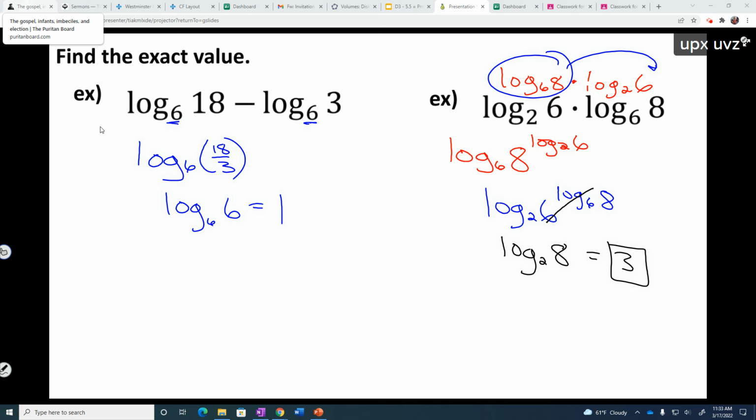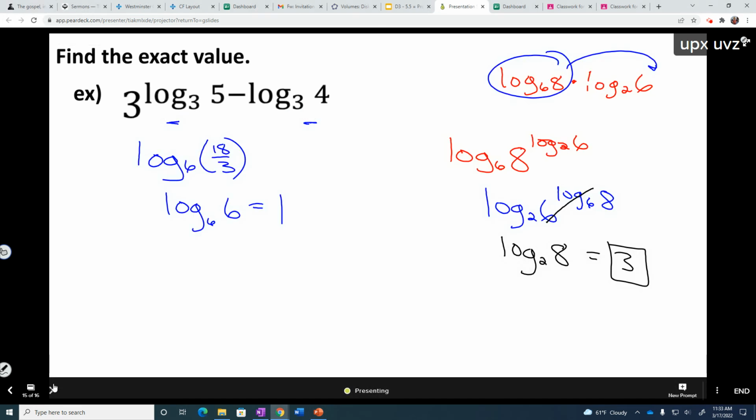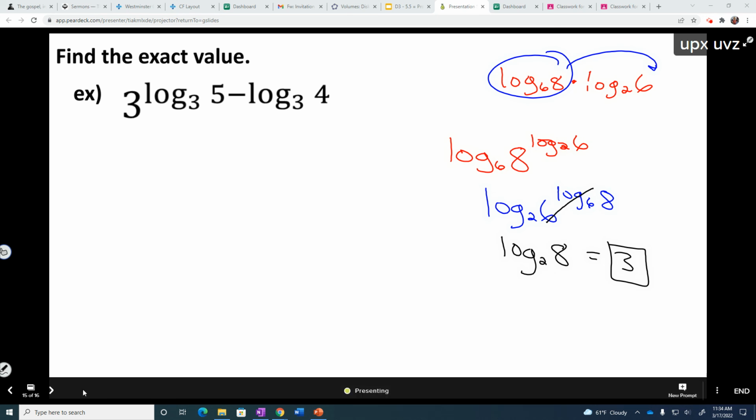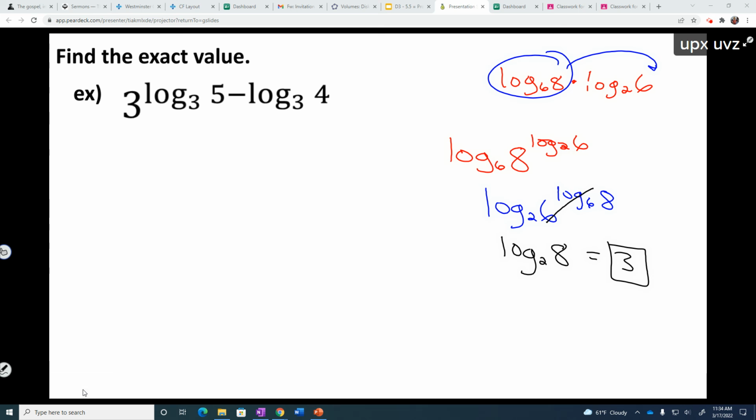I think I got one more here, and then you'll have some problems that are really similar to this. 3 to the log 3 of 5 minus log 3 of 4. So what do we want to do first on this one?